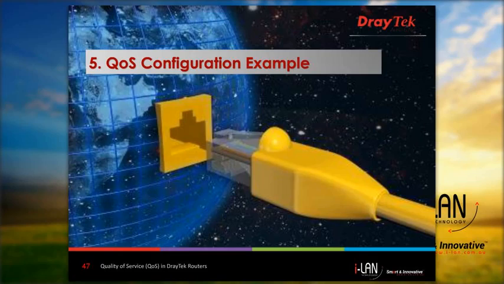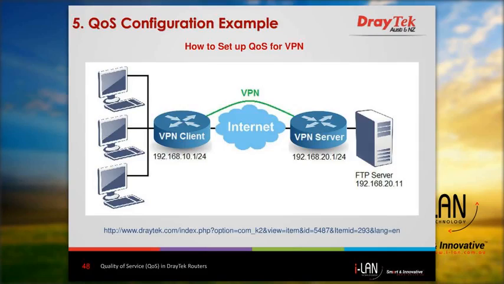So now I'll just go quickly over a quality of service configuration example. This is based on an application note on the DrayTek website. Here I'll show you how you can set up quality of service to reserve bandwidth for a VPN connection.